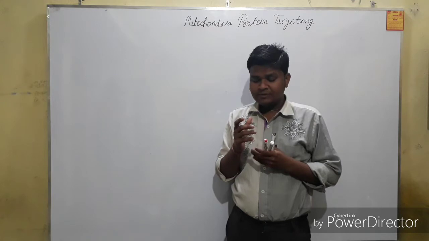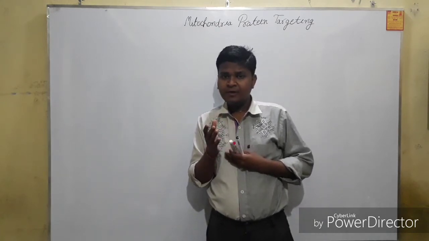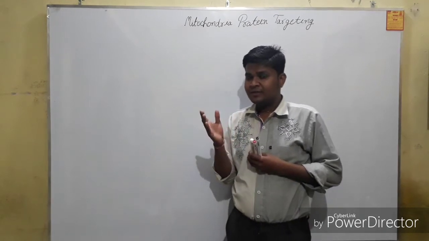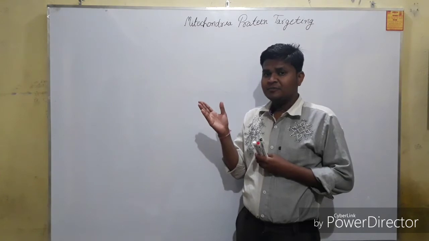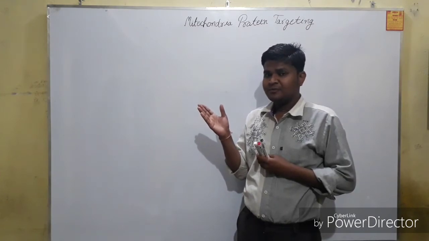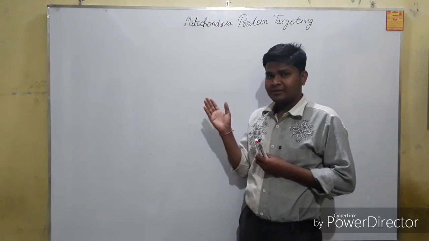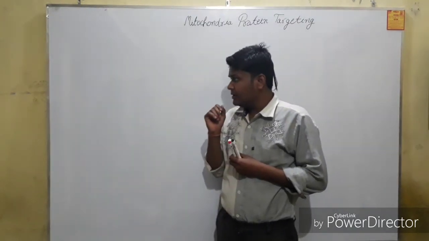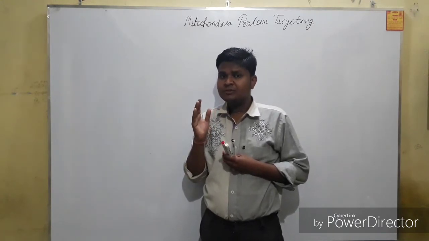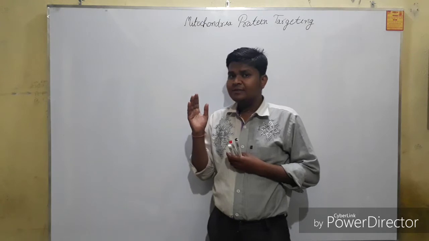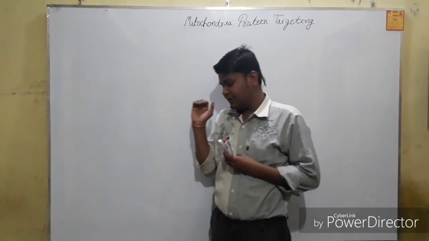They consist of proteins in the inner membrane, the outer membrane, the intermembrane space, and also the matrix. Now we discuss in this video how these proteins are targeted inside these four regions of mitochondria.